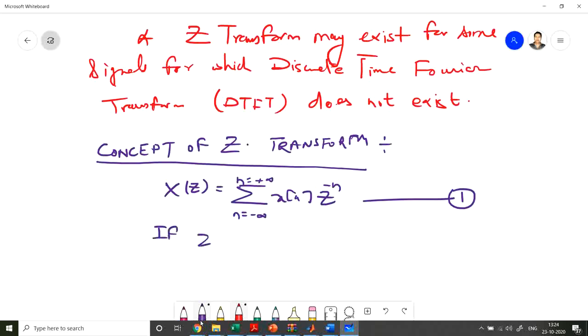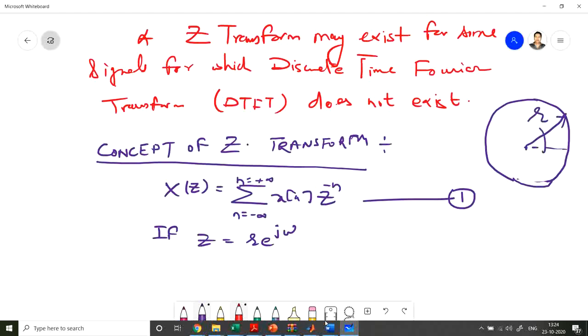Now, if we take z equal to r e raised to the power j omega, we have written this in polar form. It is just like a circle, you assume, and r is nothing but the radius of the circle, making an angle omega.